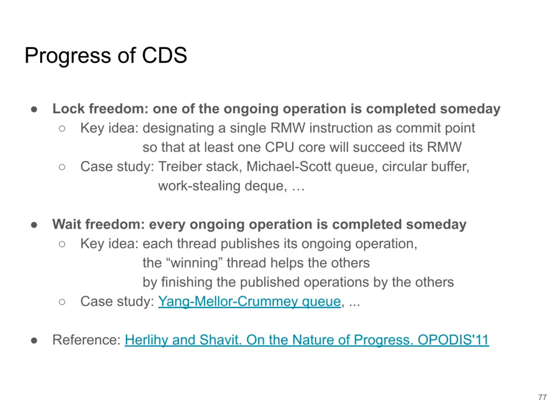It is a very fun paper, so if you're interested in these progress guarantees, please go read it. But we are going to study only lock freedom in this semester because the other progress guarantees are difficult to achieve and difficult to study.